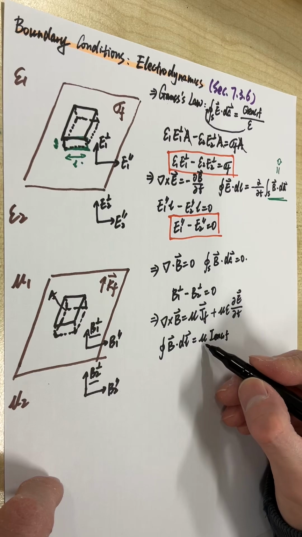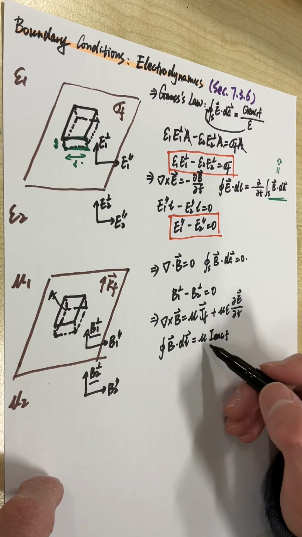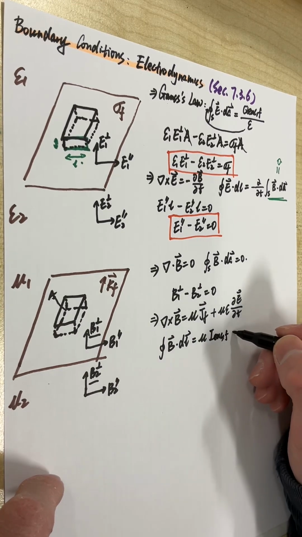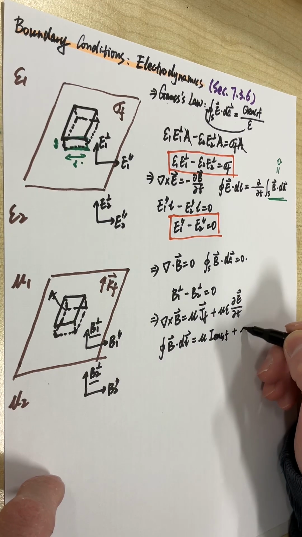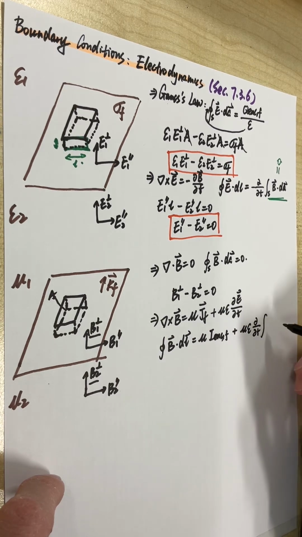So this is not mu 0 anymore, and this is not just current enclosed anymore. This is mu and then the total free current enclosed, plus mu epsilon d/dt of the surface integral of E dA.